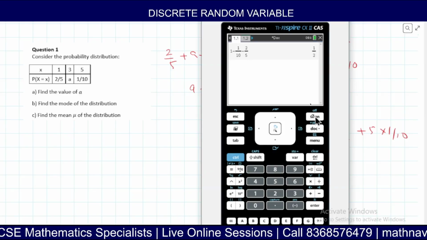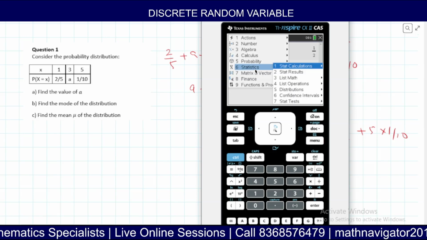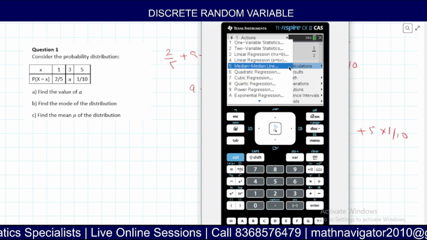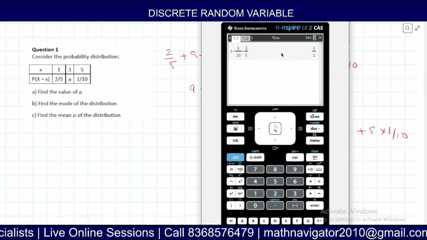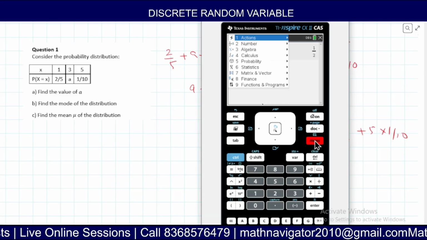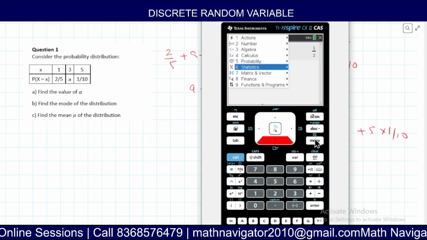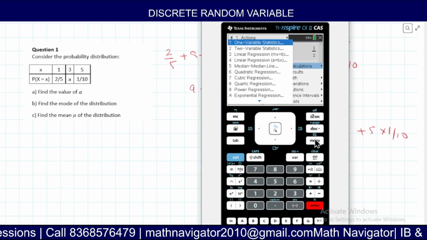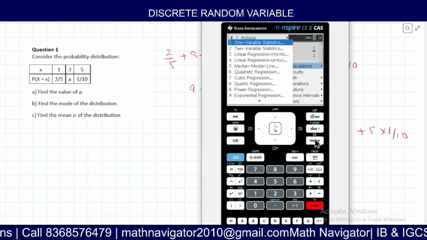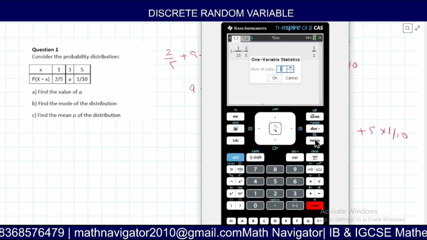And then I'll hit menu, then statistics, and then stat calculations, and then one variable statistics.